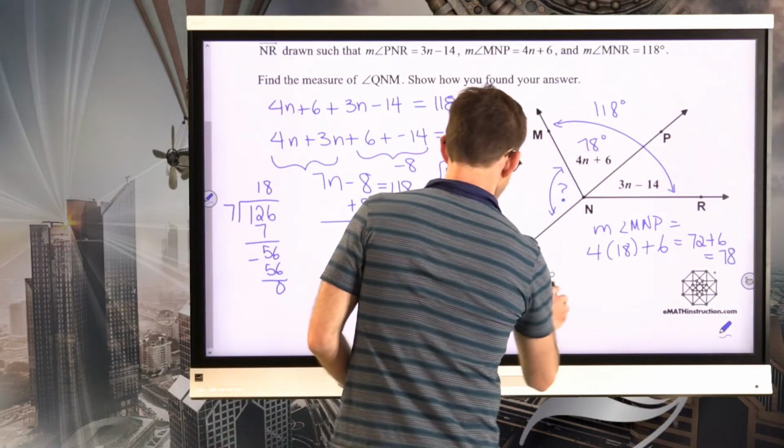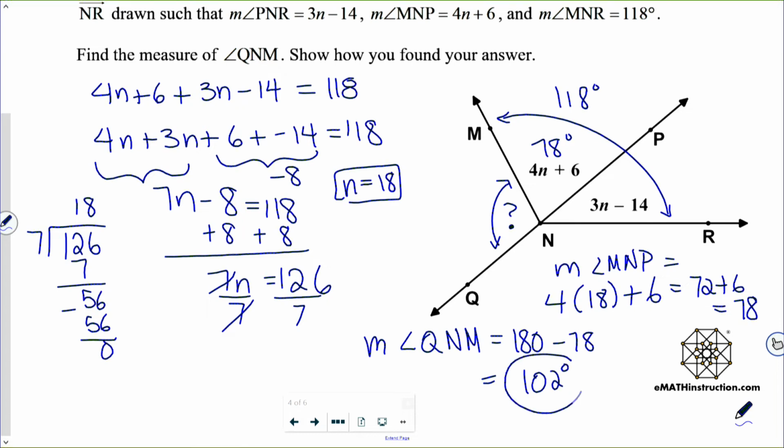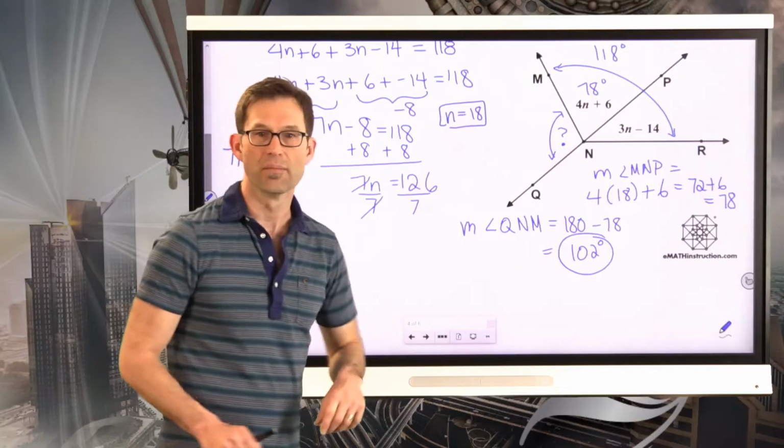Let me just get rid of this. Takes much longer than I think it's going to. So the measure of angle QNM is 180 minus 78, which is 102 degrees. Sorry, that got a little bit down there at the bottom. Let me bring it up a bit so you can see it a bit better.